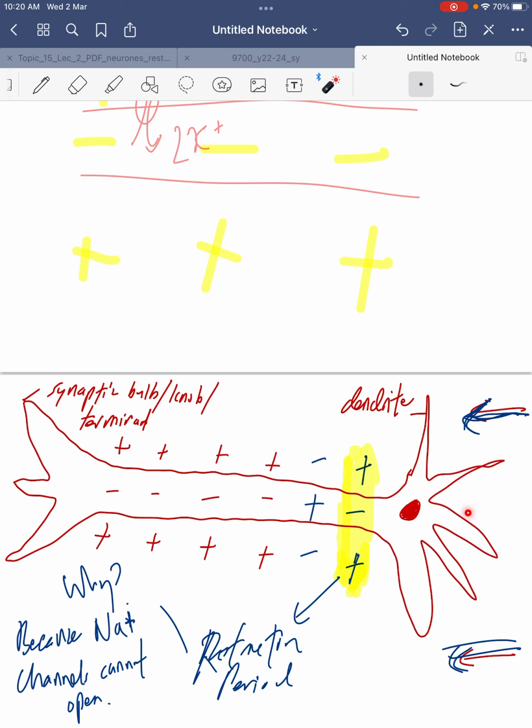If there is an incoming nerve impulse from here, this cannot be made positive because this is still in refractory period. It will limit the frequency of the nerve impulse per unit time, and this is very important so that your neurons do not suffer from overstimulation.